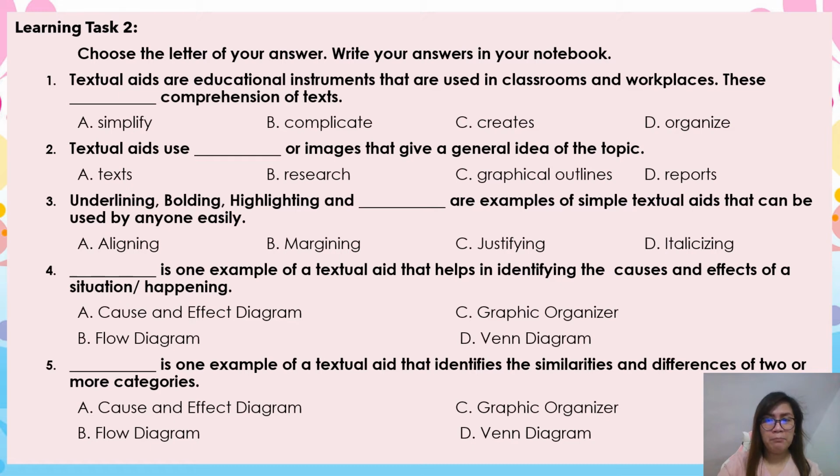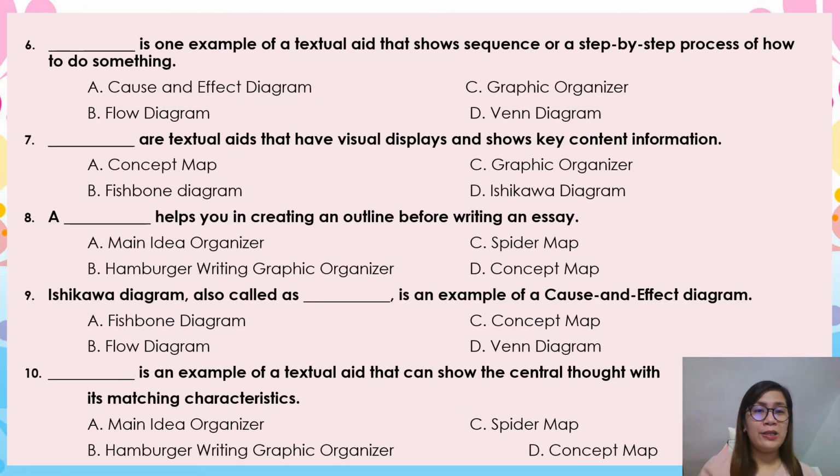Number 6. Blank is one example of a textual aid that shows a sequence or a step-by-step process of how to do something. Is it A. Cause and effect diagram, B. Flow diagram, C. Graphic organizer, and D. Venn diagram.